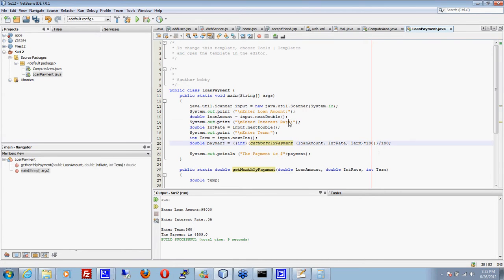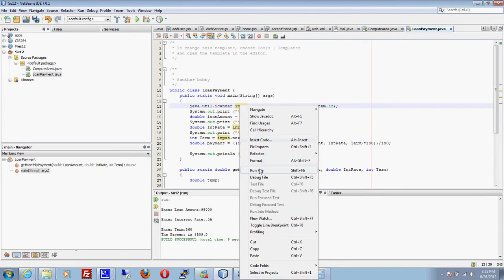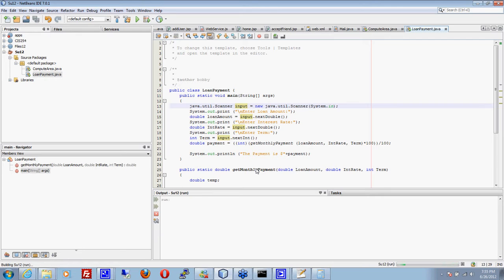Very finicky. Okay, what's going on here? This should work.